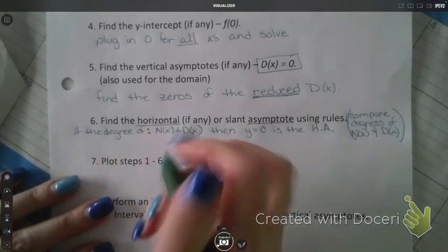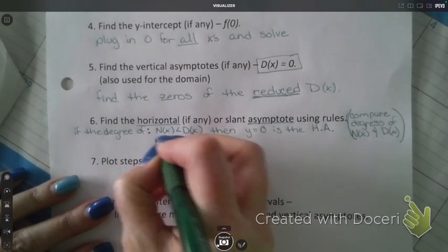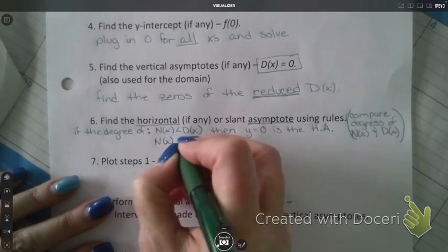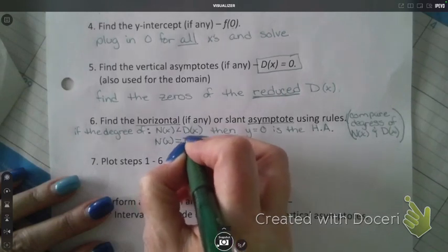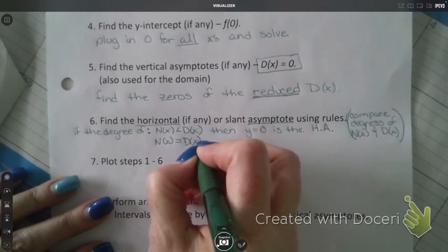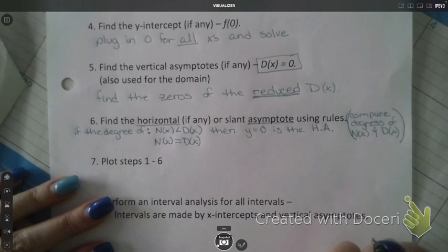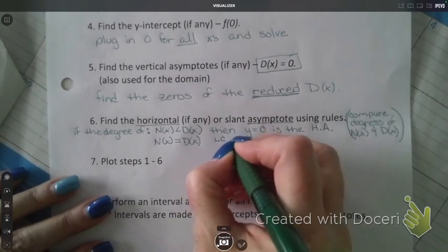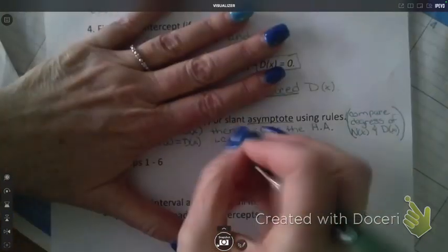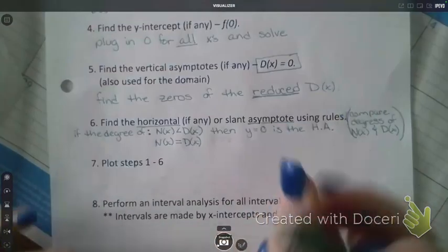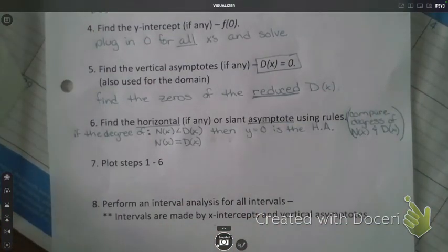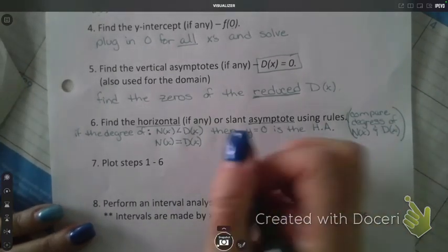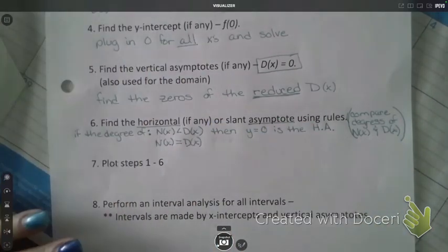If the degree of the numerator is equal to the degree of the denominator, the leading coefficient... I'm abbreviating leading coefficient because I don't want to write that all out, that's a lot of words. And we'll go through all of these examples, okay?